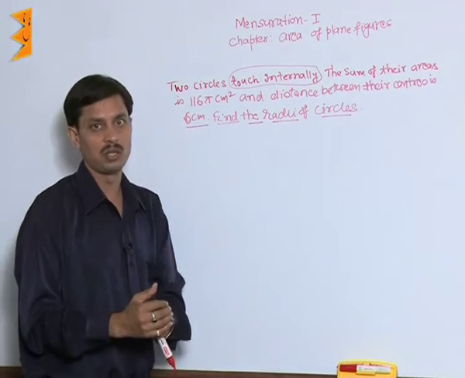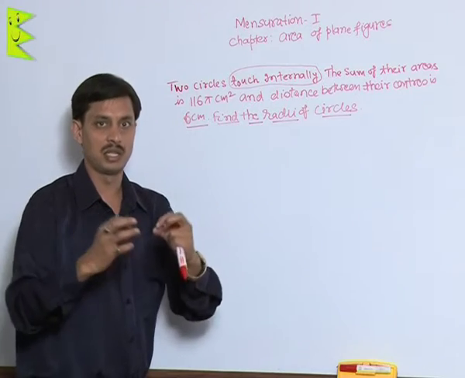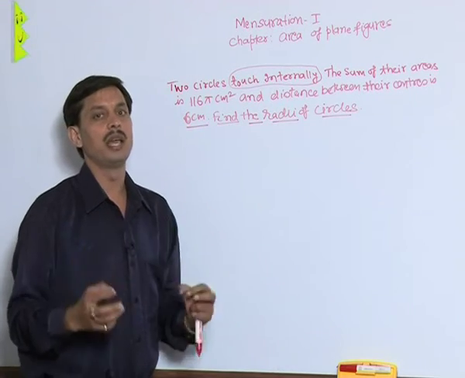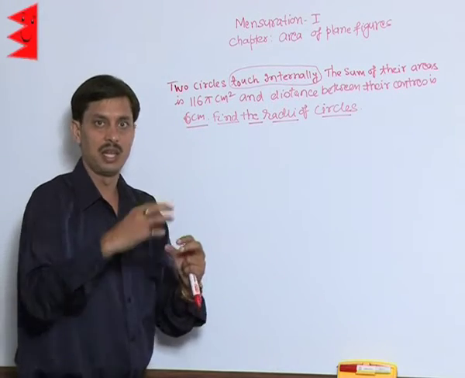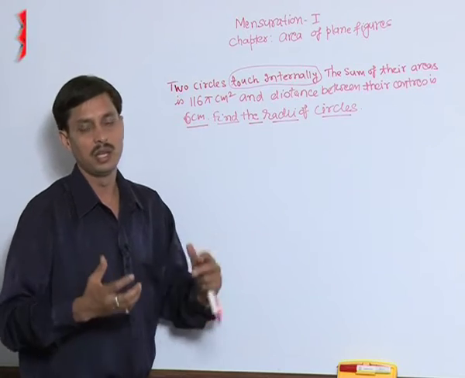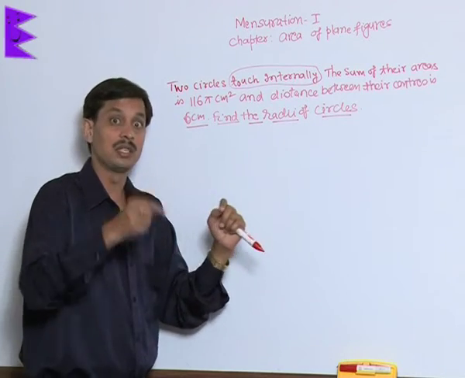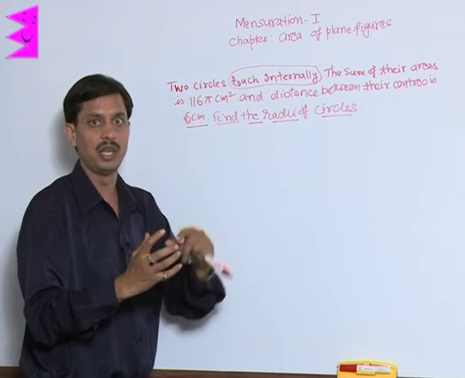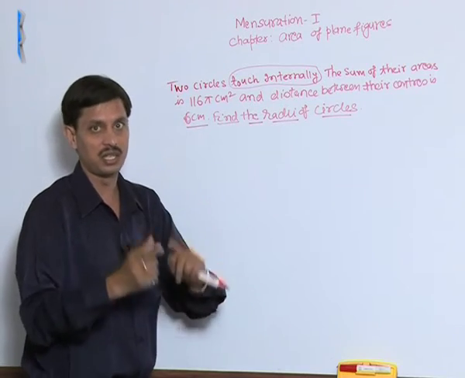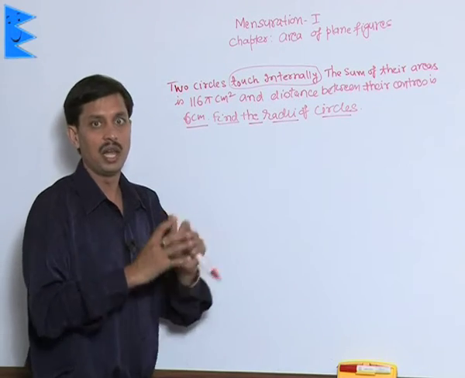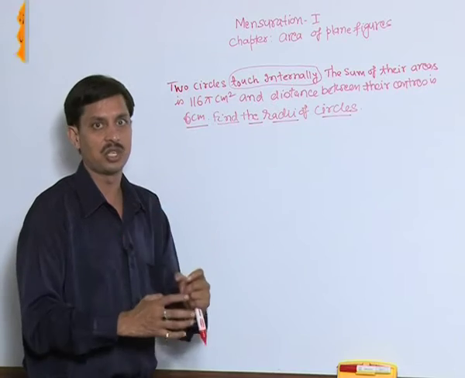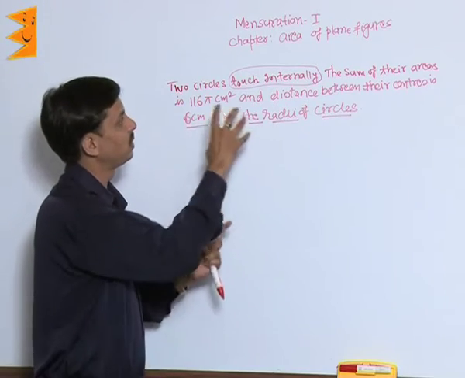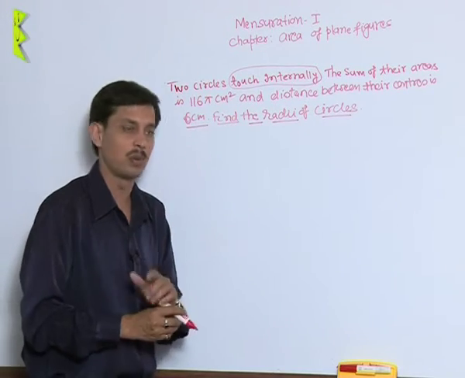The second concept is that when two circles touch externally, the distance between their centers is the sum of their radii, whereas when two circles touch internally, the distance between their centers is the difference of the two radii.